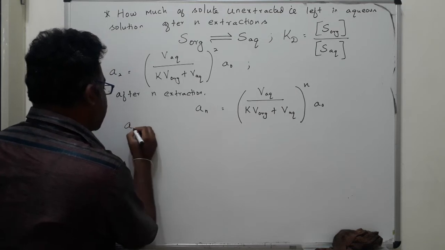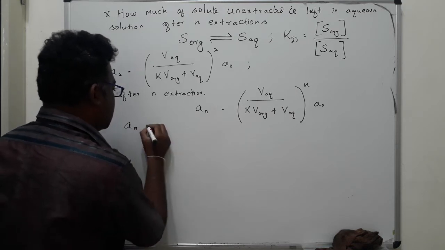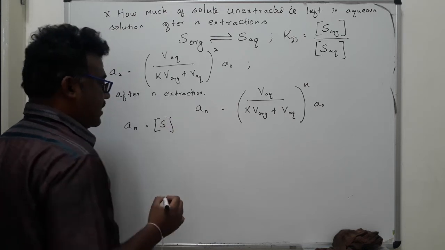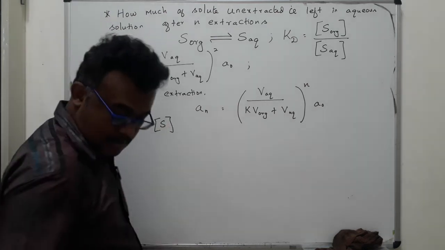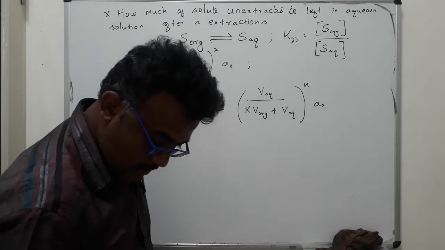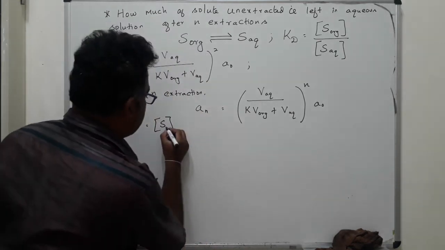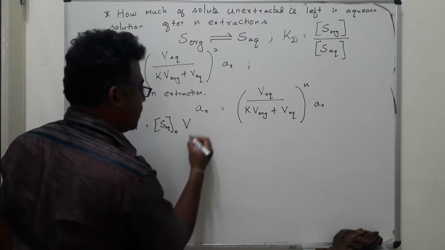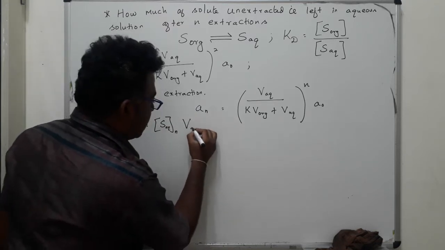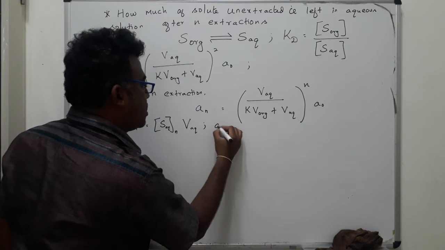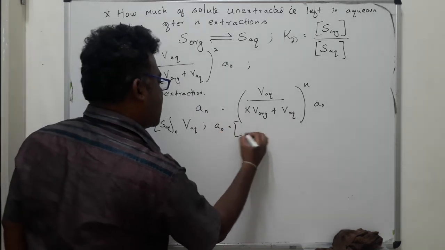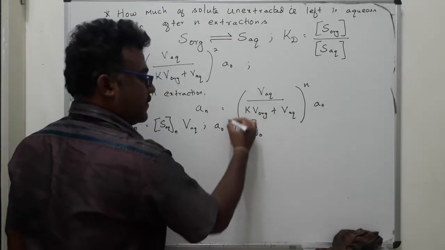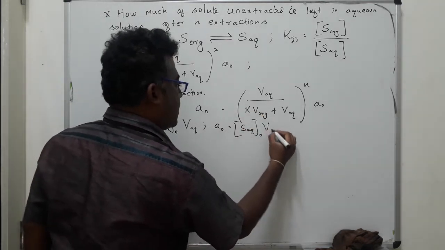You know AN is equal to the concentration of S aqueous after n extractions times V aqueous, the volume of aqueous. Similarly, A0 is equal to the concentration of S aqueous, the initial concentration of solute, times V aqueous.